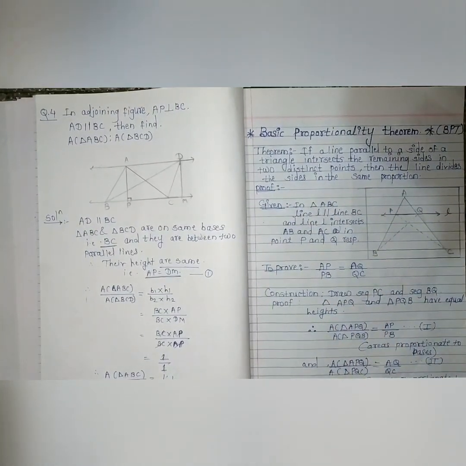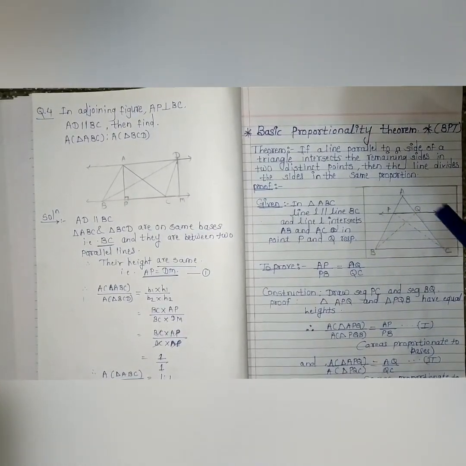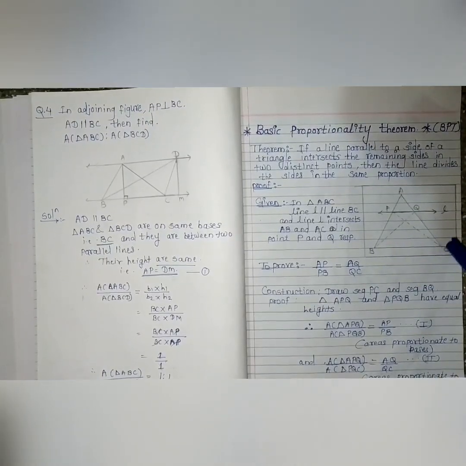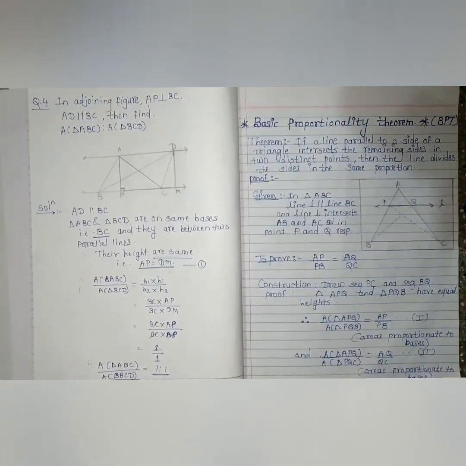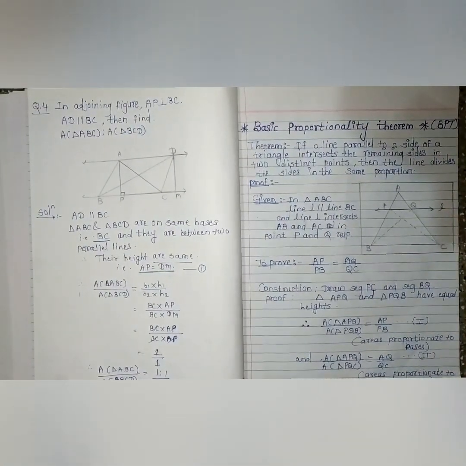What is the statement? In this triangle ABC, the line L is parallel to side BC, and the remaining two sides, AB and AC, are the remaining two sides of triangle ABC.